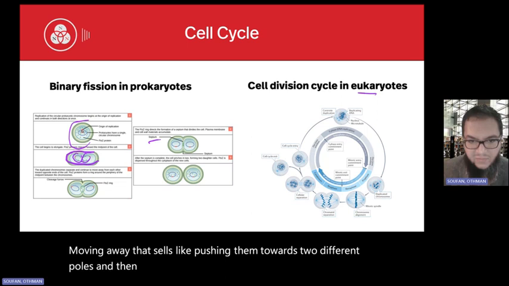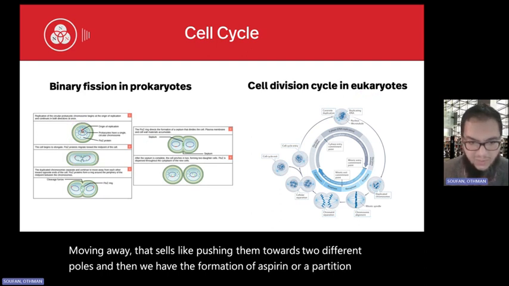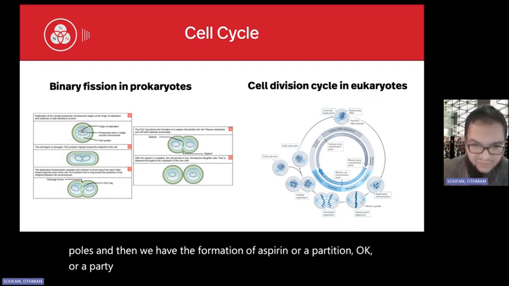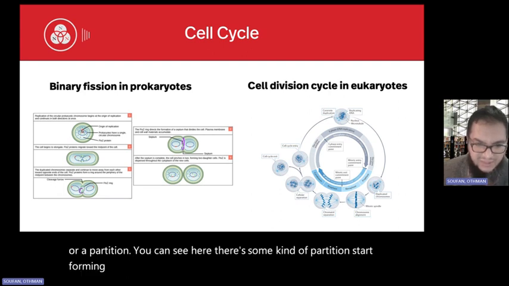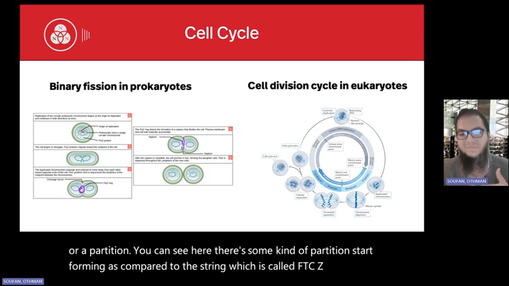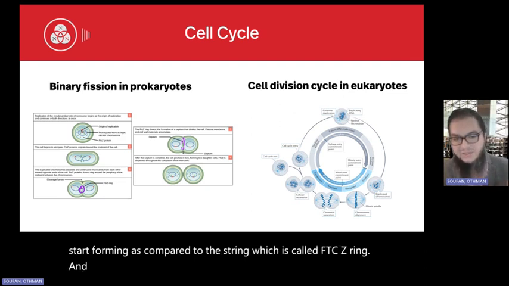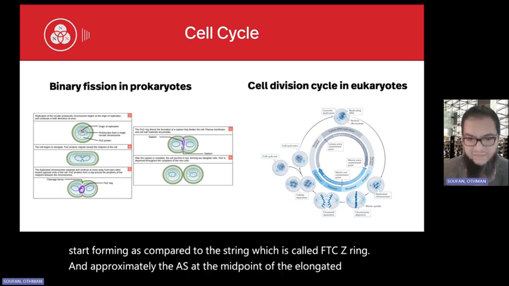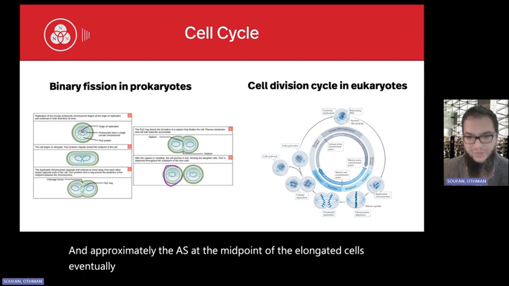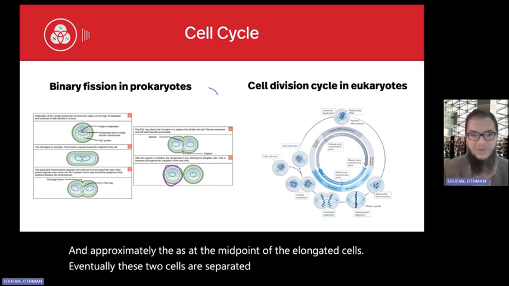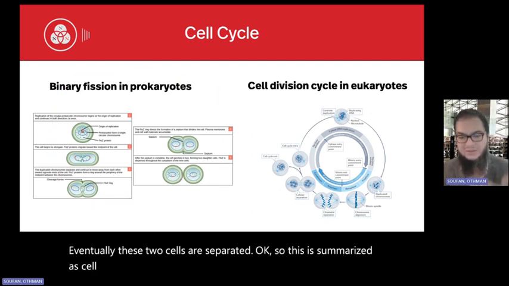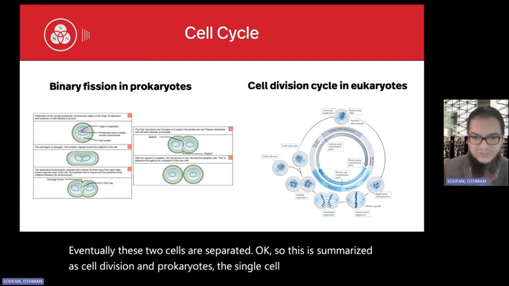Then we have the formation of a septum, or a partition. You can see some kind of partition starting to form, compared to this ring, which is called the FtsZ ring. Approximately, the septum is at the midpoint of the elongated cell. Eventually, these 2 cells are separated. So this summarizes cell division in prokaryotes, the single-cell species.